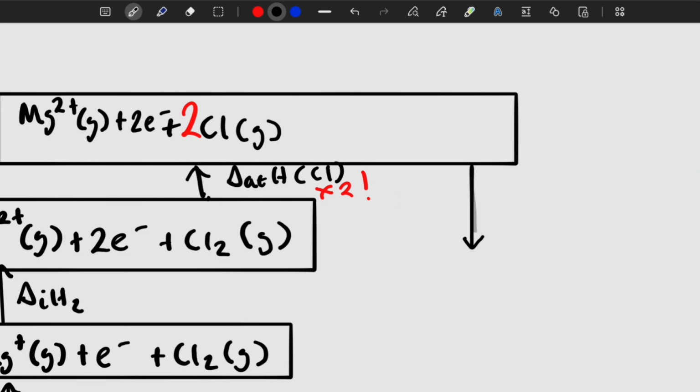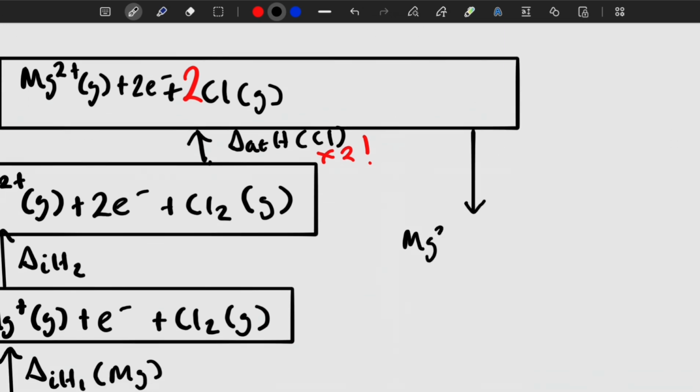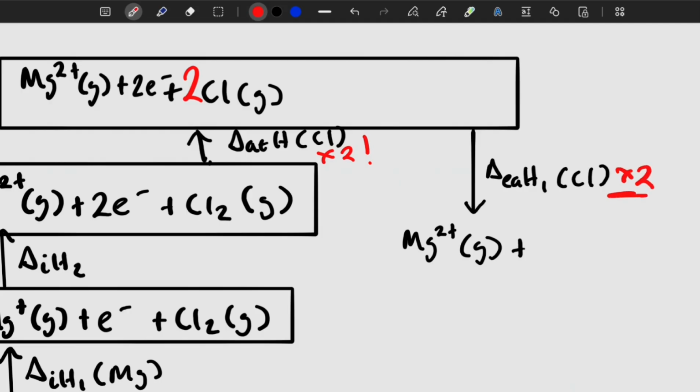So if you put our arrow down here, see our magnesium is sorted. And then we use our first electron affinity of chlorine, but we also times it by 2 because there's 2 moles of the chloride ions.